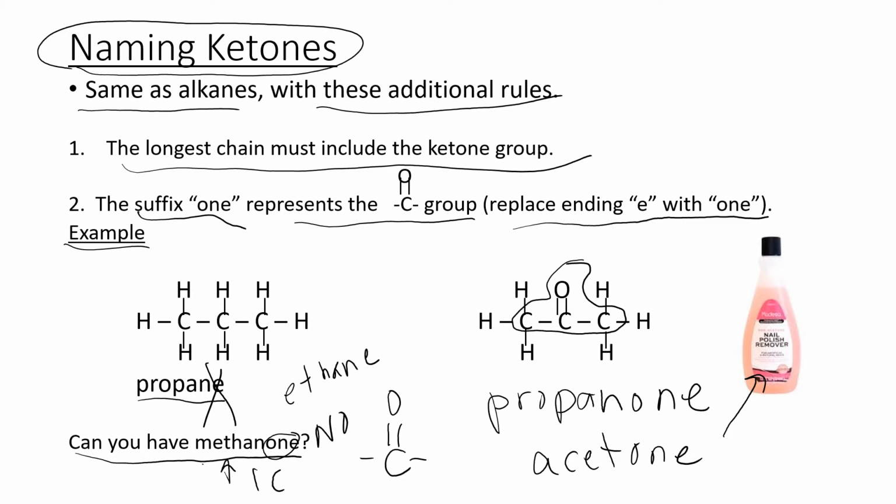Eth means 2 carbons, so we could have carbon double bond to oxygen for our carbonyl and a carbon on one side. But on the other side, we can't have a carbon, so this would not exist either for ethanone. So you need to have a minimum of 3 carbons in order to have a ketone.